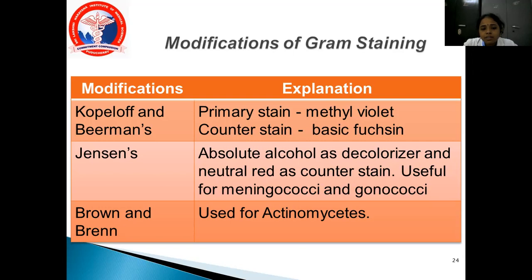In Brown and Brenn, mainly we use it for actinomycetes.